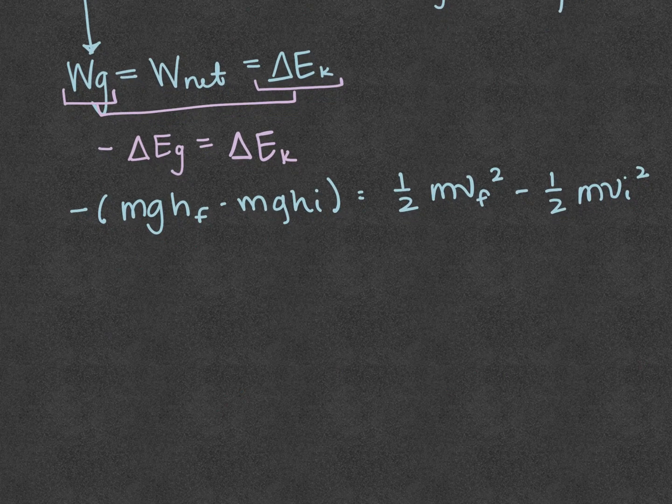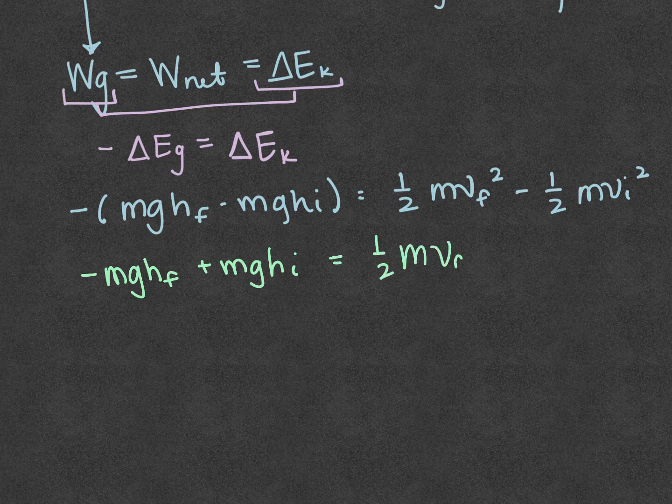So let's distribute that negative sign: negative m g h final plus m g h initial is equal to 1/2 m v final squared minus 1/2 m v initial squared. Now notice that I have final conditions and initial conditions.